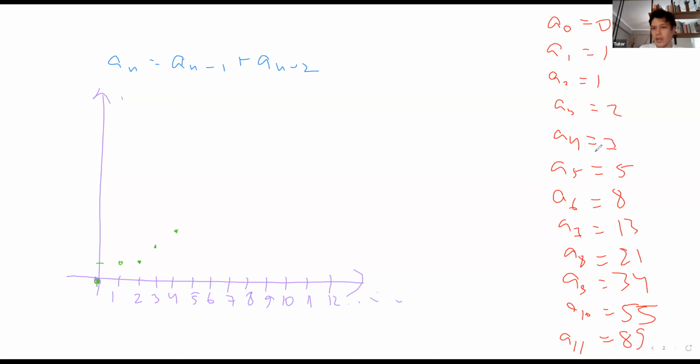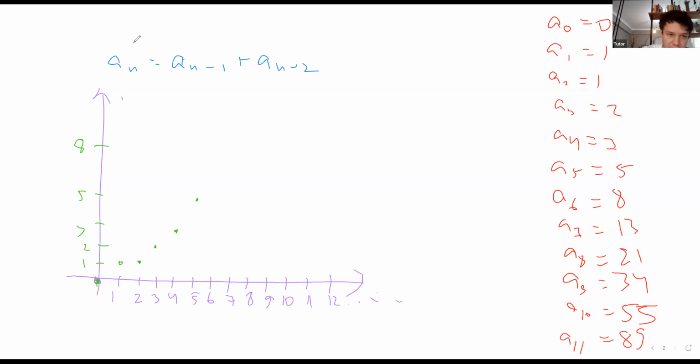And what about A5? A5 is going to be 5. So it's basically getting bigger and bigger. You guys see what I'm trying to do here. It's 1, 2, 3, and then somewhere here is going to be 5. And then what about the next one? A6 is going to be equal to 8, right? And actually, maybe I should make it look like A7.